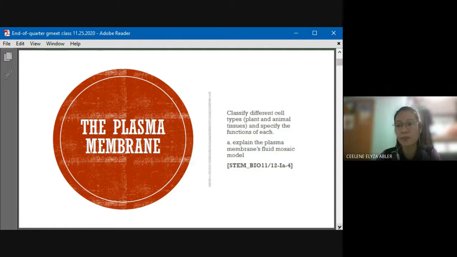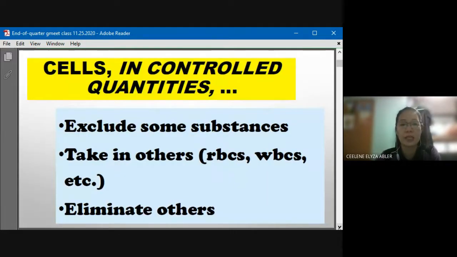The plasma membrane, yung other niya na term is the cell membrane. Pero for this one, because it's not just the membrane itself, kaya siya hindi cell membrane lang, it's a plasma membrane because there are other components and special na characteristics for that particular organelle na i-include natin.